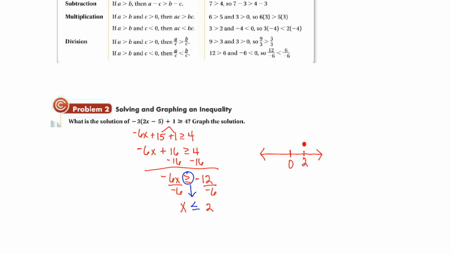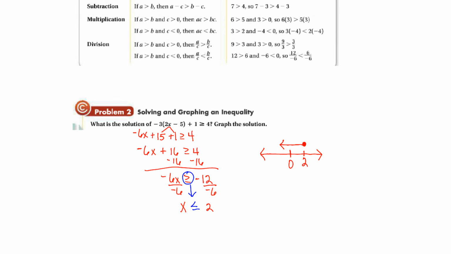And then x is less than or equal to 2, so my arrow points to the left. If you relate this back to the box above, this is what they were talking about when you divide by a negative number. What's going on right here, where you need to make sure you switch the direction of your inequality symbol.